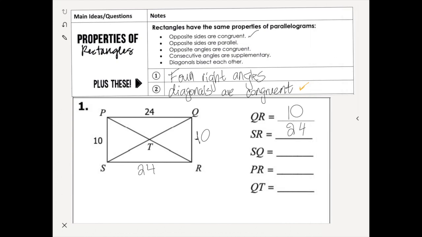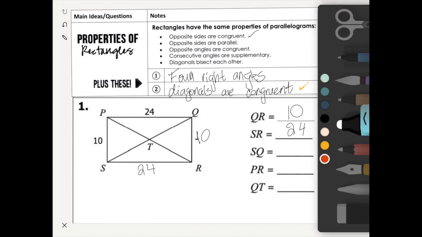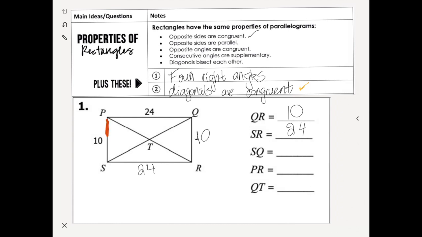So if you look right here, I'm looking at this triangle. Or if you wanted to, you could have looked at triangle SQR. Either way, they have the same dimensions, so it'll allow you to find the diagonals.